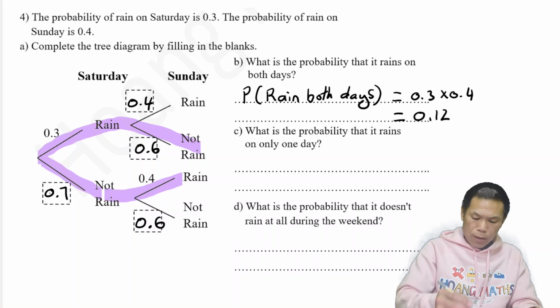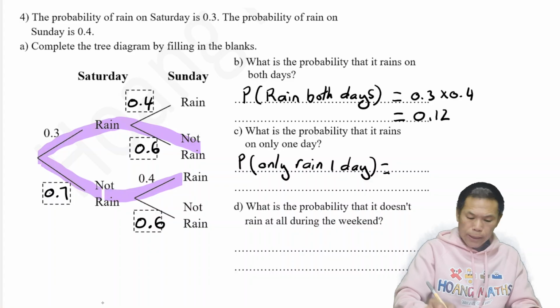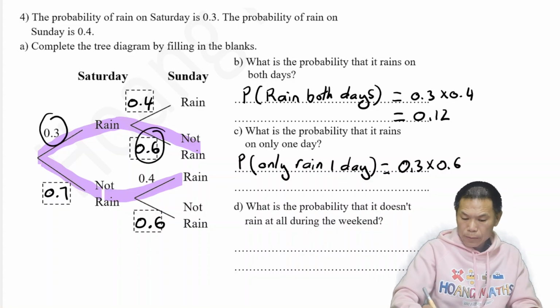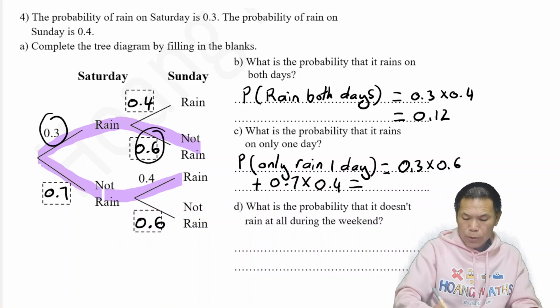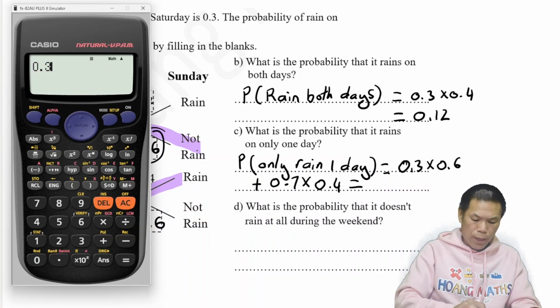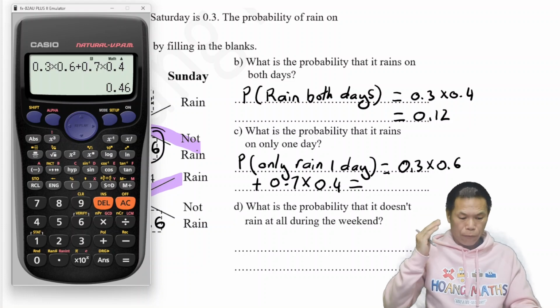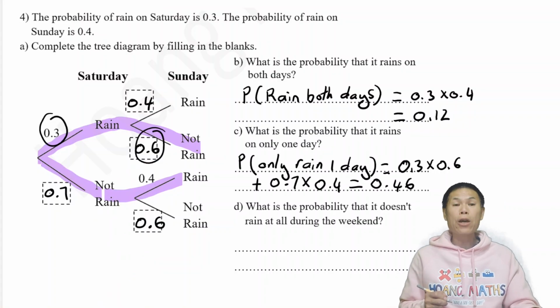So that means the probability is equal to 0.3 times 0.6, we add 0.7 times 0.4. So just go 0.3 times 0.6, then we add 0.7 times 0.4. So there you go, 0.46. So there you go.